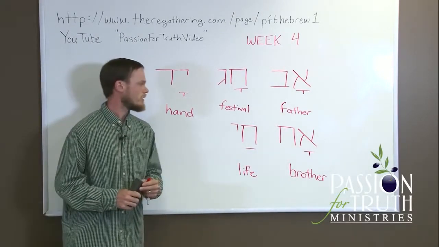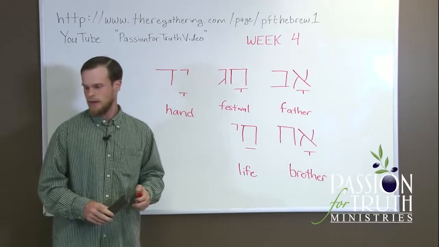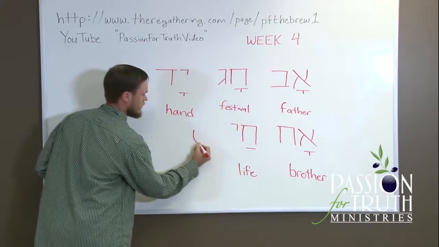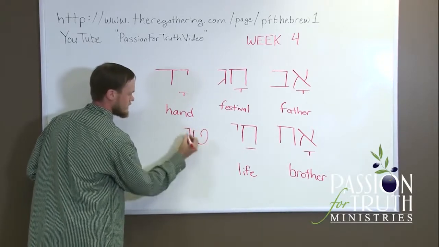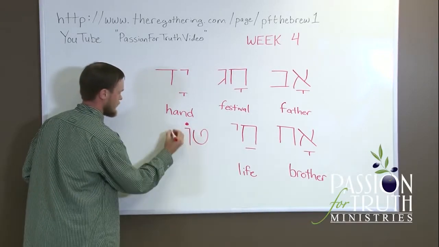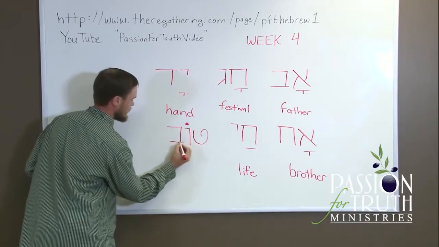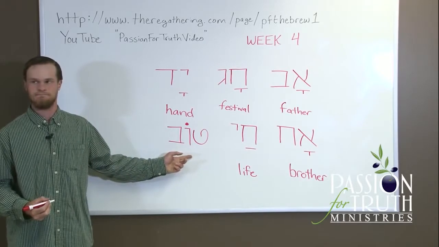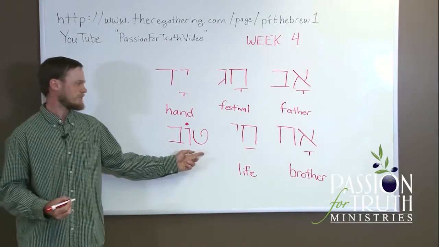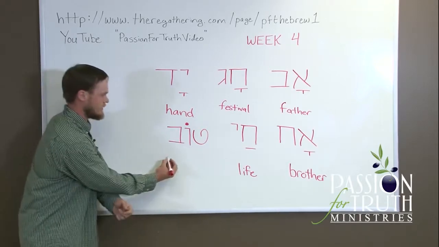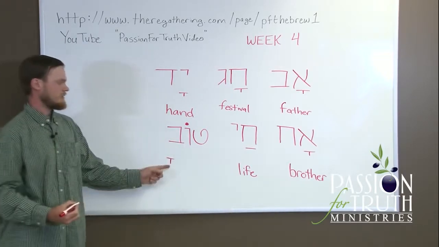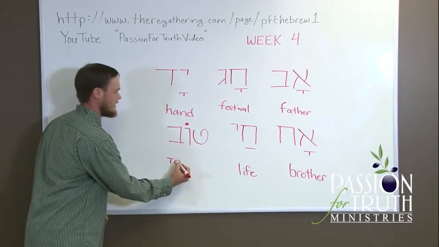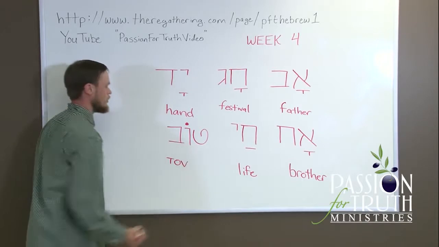Okay. I'll go over one more word first. This is a tet, followed by a vav with a cholam, followed by a beit with no dagesh. How would we pronounce this? The tet makes the sound of T, right? Tov. Cholam is long O. Tov.